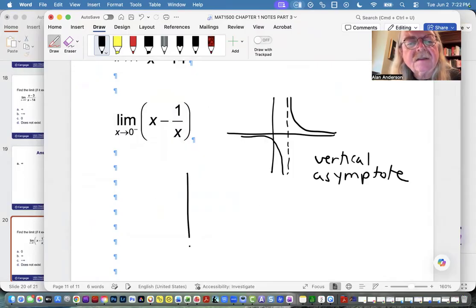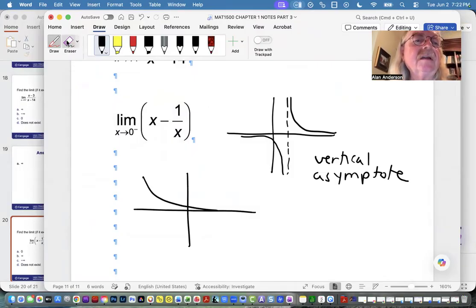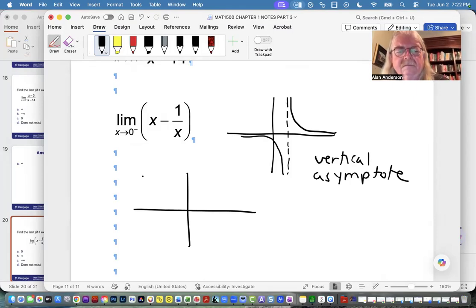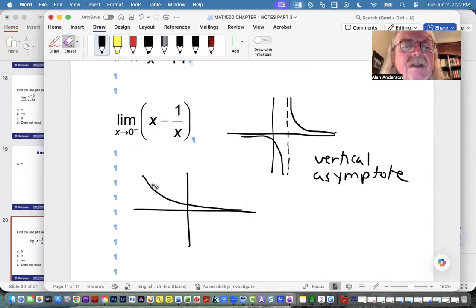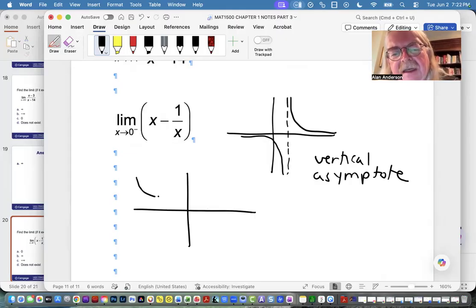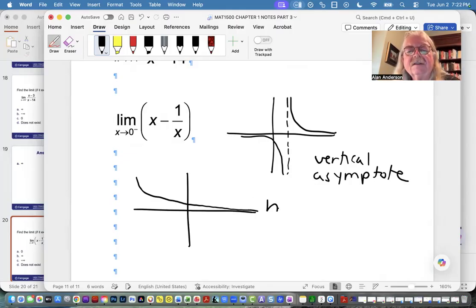A horizontal asymptote would be more like this. Oh, see, I blew it there. All right, almost, I'm so close. Let's try that one more time. What I need to do is show that it keeps getting closer and closer, but doesn't quite actually touch. All right, that'll have to do. That's a horizontal asymptote.